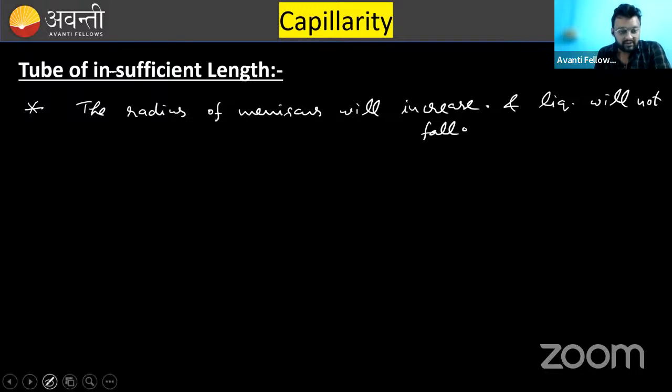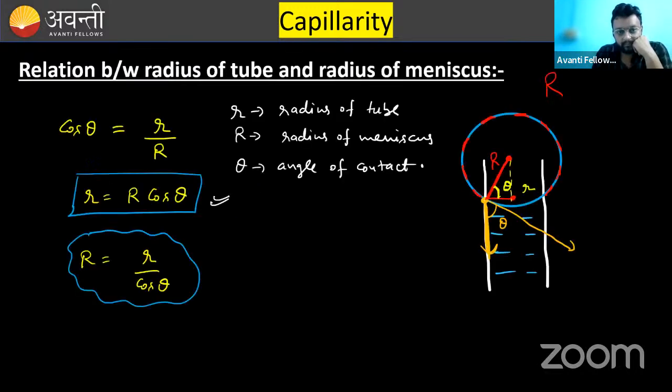Have you got this relation? r is equal to R cos theta. So let me decide one more thing. What is H then?